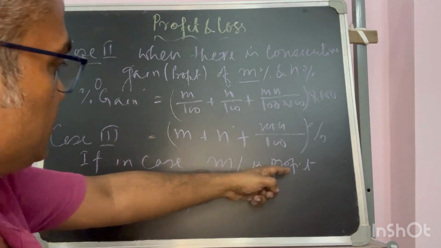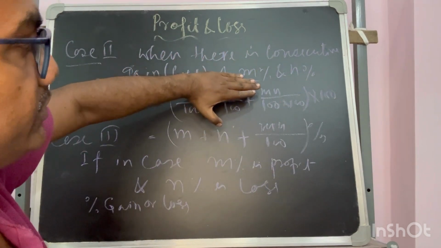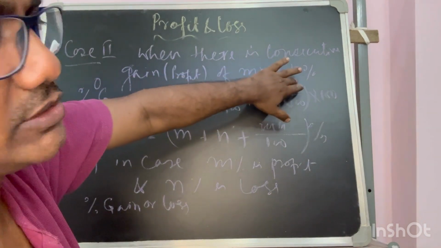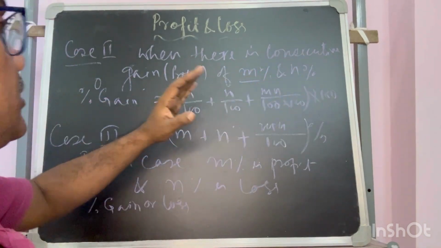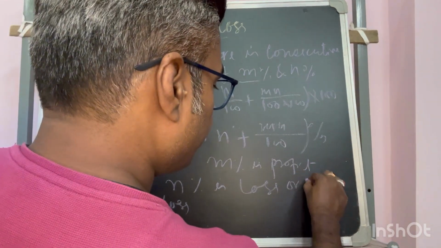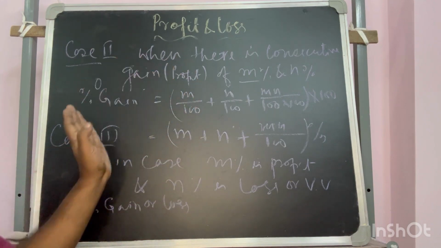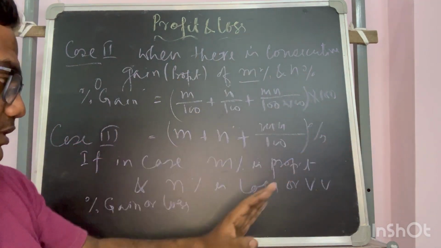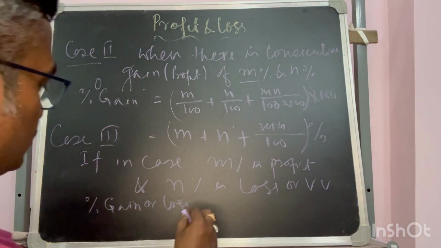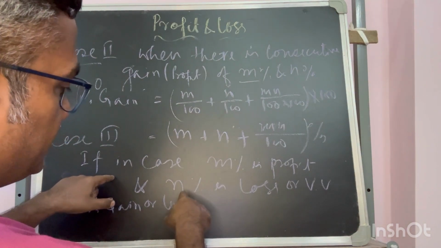If in case m is profit and n is loss, meaning two consecutive things are happening, the first one is profit and the second one is loss, or the first one is loss and the second one is profit. So I am taking m is positive, m is profit, n is loss.